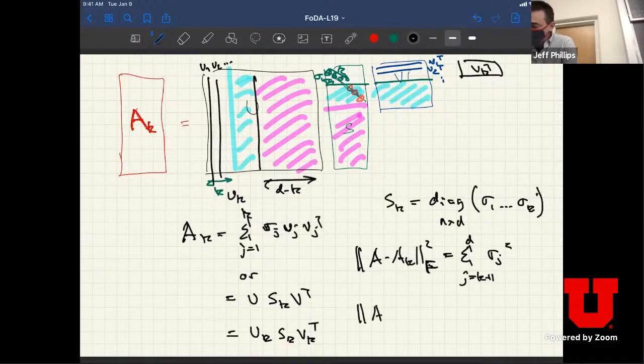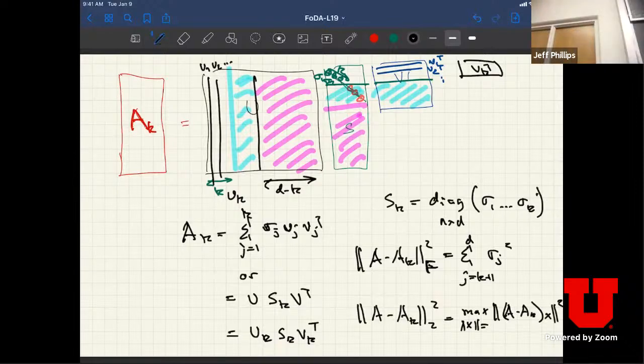Another interesting property is the spectral norm of A minus A_K. The spectral norm is the maximum norm in any direction once I subtract them. Remember, this is equal to the max over x a unit vector of the norm of (A minus A_K)x squared. This is a kind of procedural, non-constructive definition: I have to maximize over all x.